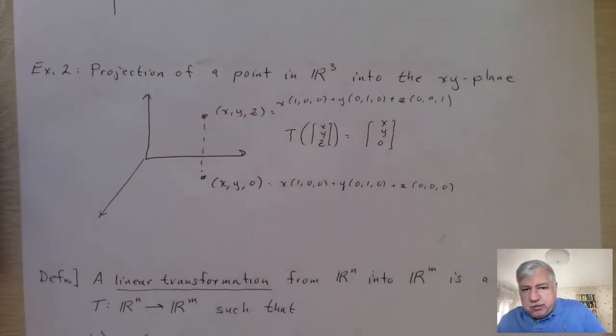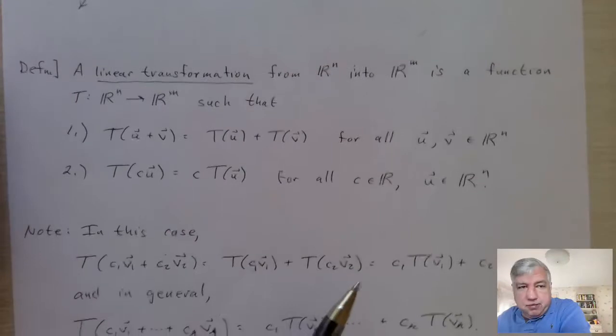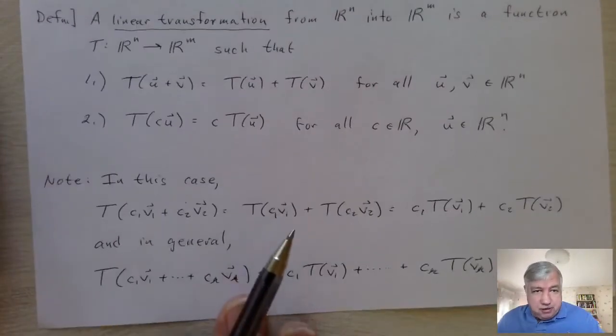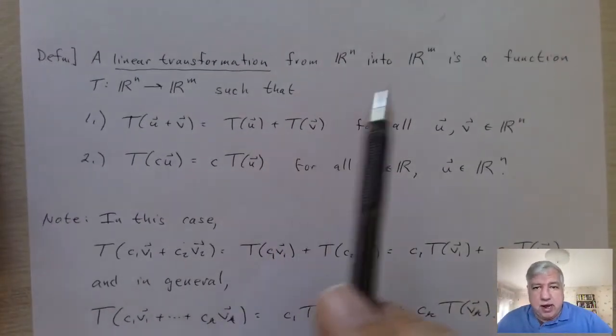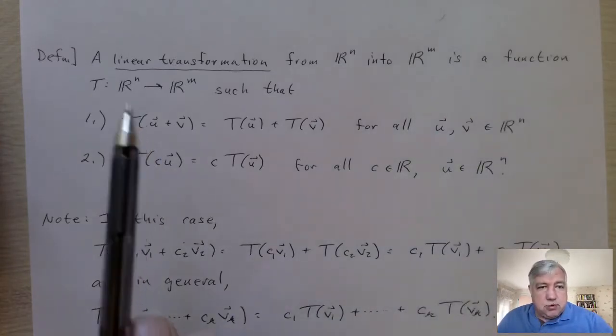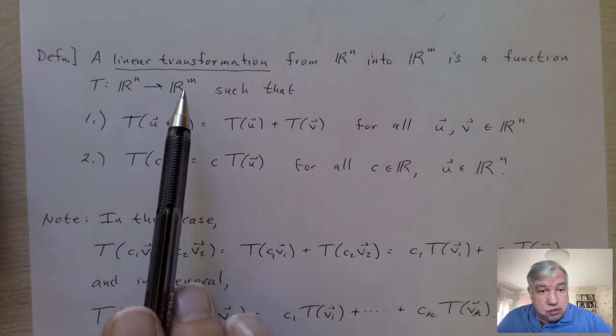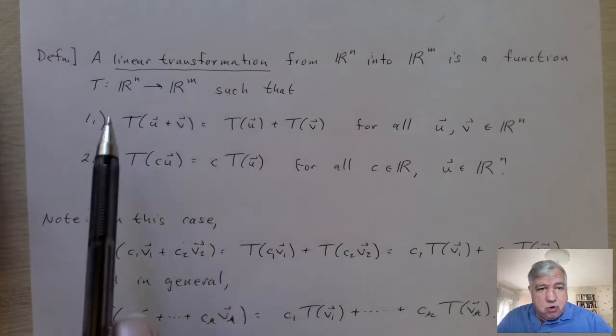And even more specifically, here is what that means. In this definition, a linear transformation from Rn to Rm is a function T which takes inputs from Rn and spits out outputs in Rm, such that both these properties hold.